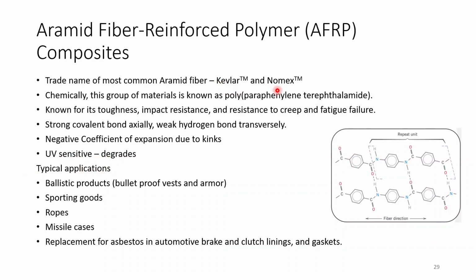And Kevlar and Nomex are used in making bulletproof vests and armors, in ballistic products, also used in sporting goods and making ropes and missile cases, and as a replacement for asbestos in automotive brake and clutch linings and gaskets.